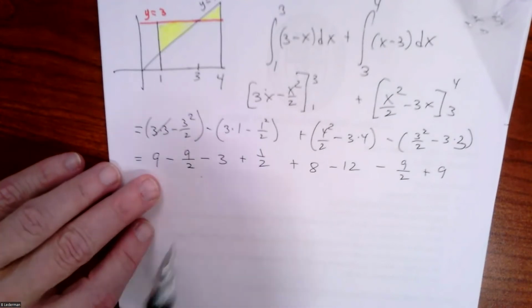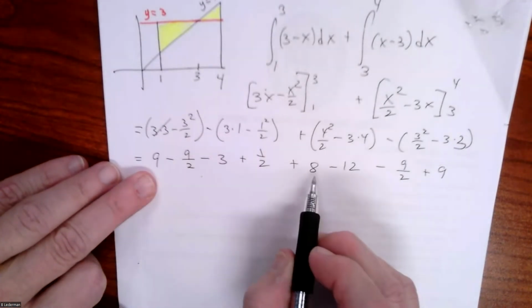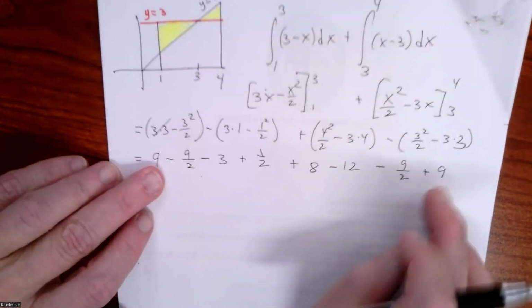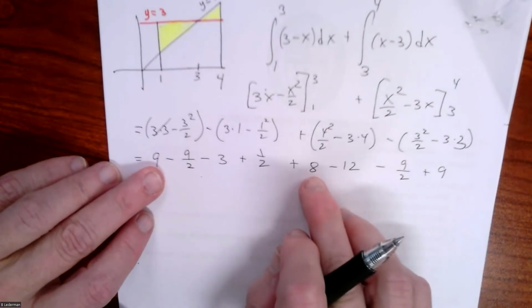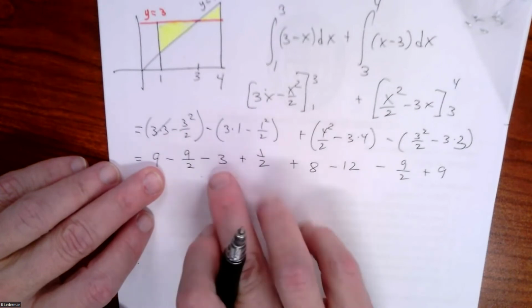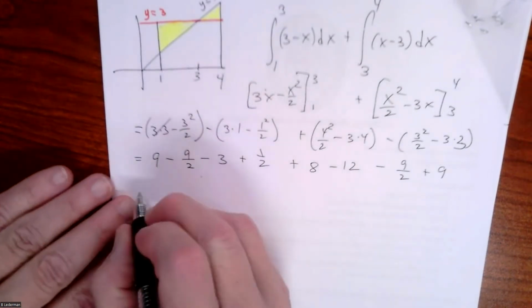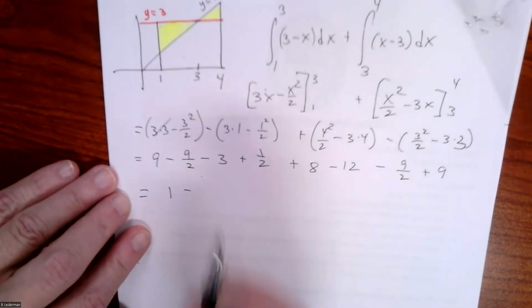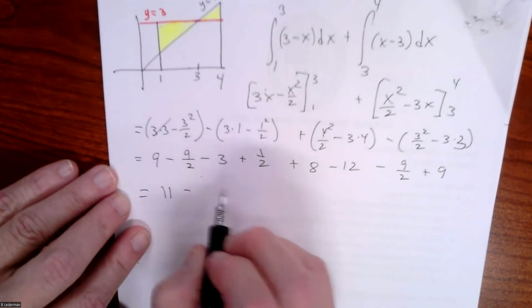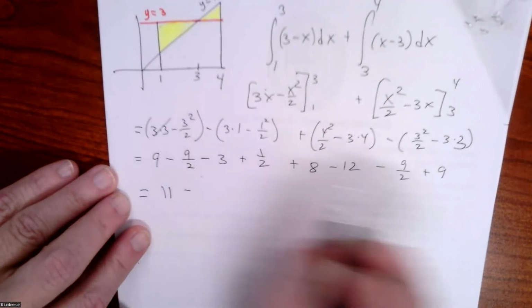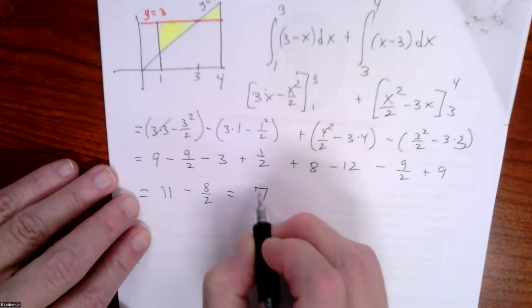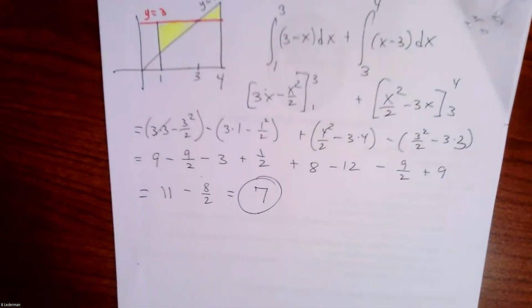Let me start with the whole numbers. 9 minus 6. 18 plus 18 plus 8 is 26. 26 minus 3 is 23. 23 minus 9 is minus 1... Lucky 7. There you go. And that means that the area between these two curves is 7.